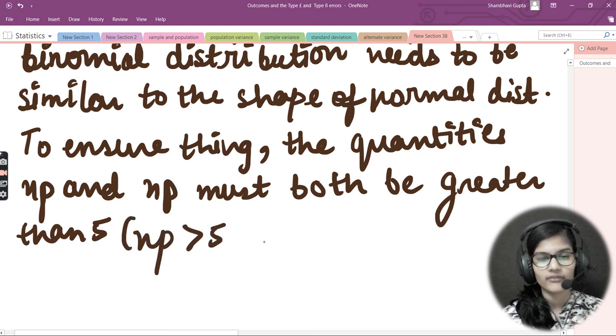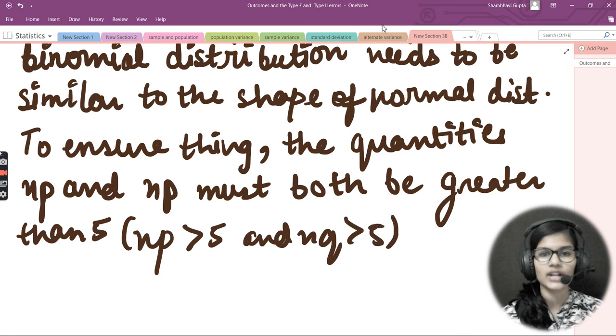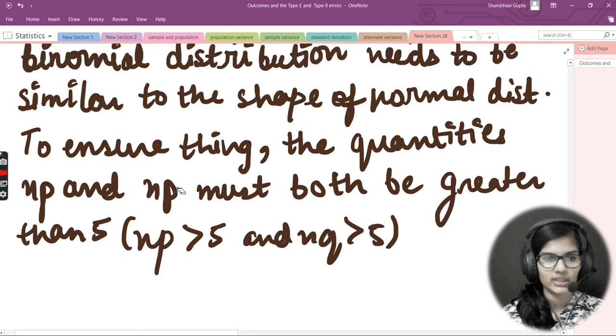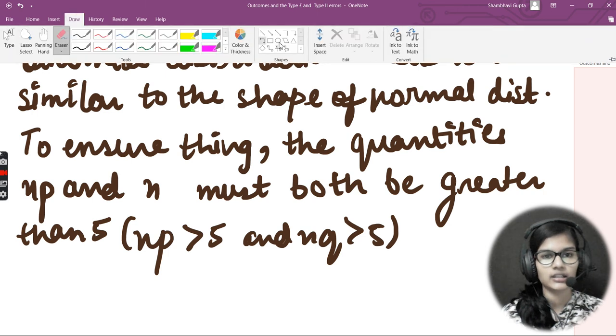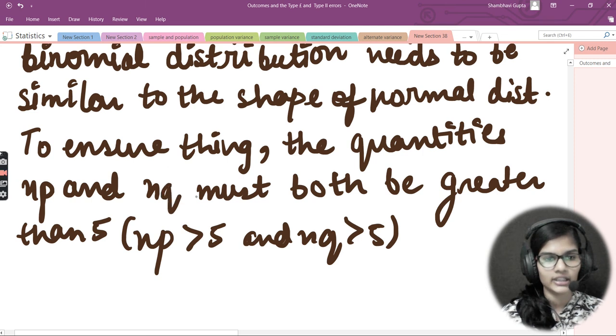NP should be greater than 5 and NQ should also be greater than 5 so as to get the shape of a normal distribution. Let me write that Q above, I have missed that here. So here goes the NQ.